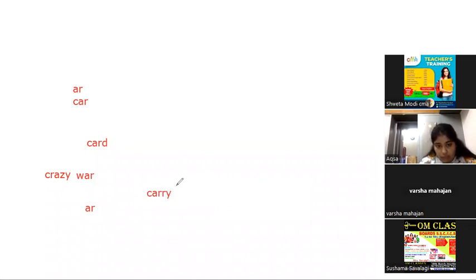Whenever you have double R, there will be no bossy R effect. So the bossy R effect will go away when you have a double R. So one R is bossy, but two R's are not bossy.